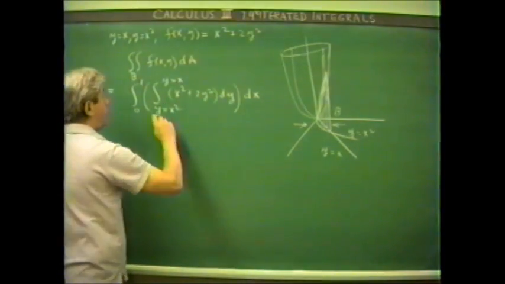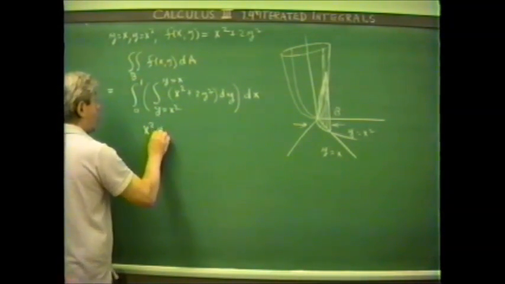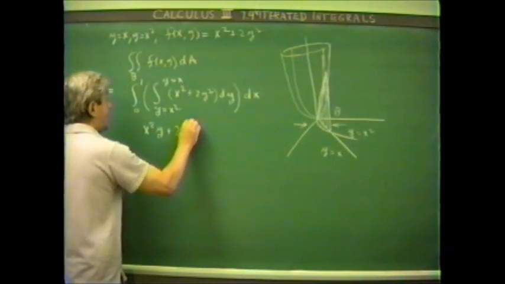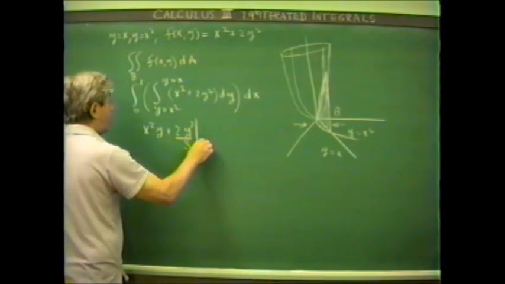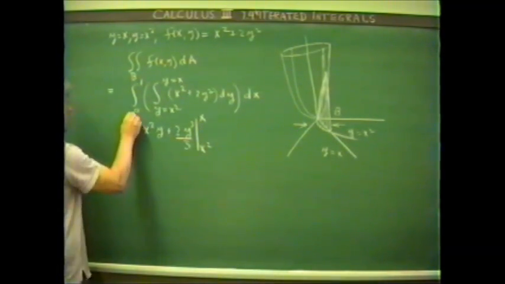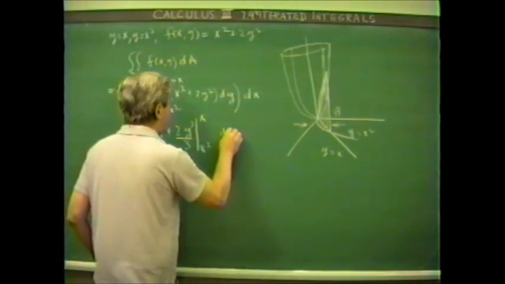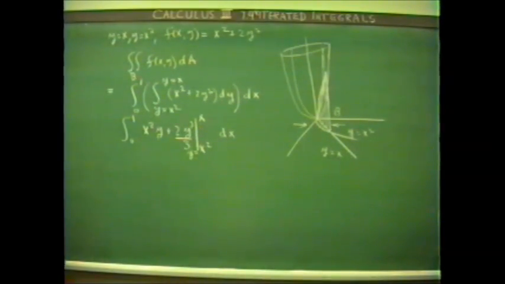Right. And the antiderivative of this with respect to y is going to be x squared y plus 2y cubed over 3. We want to evaluate that from x squared to x, and then integrate from 0 to 1 with respect to x. That's to say, we evaluate it from y equals x squared to y equals x.